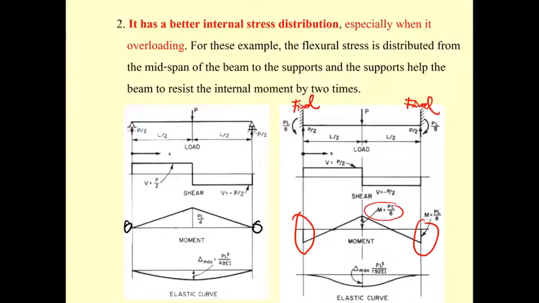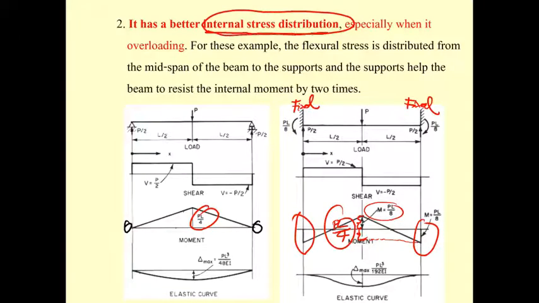If you combine them together, this is going to be PL over 8, this is going to be PL over 8, and the total is going to be PL over 4, which is equal to here. The effect of this is called the internal stress distribution that occurs due to the support, which helps the beam to resist the internal moment better than the pin and better than the roller.